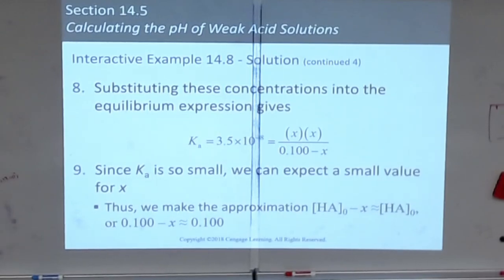And we're going to make this crazy assumption that very little X is going to be subtracted. That's going to make our life super easy, right? Again, this should all be very, very familiar.